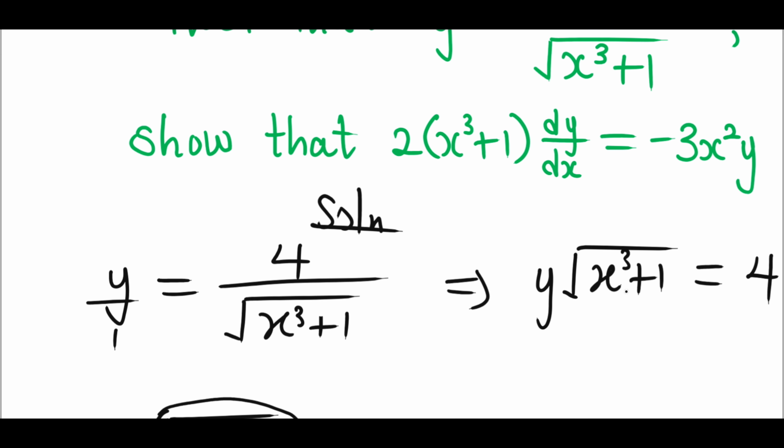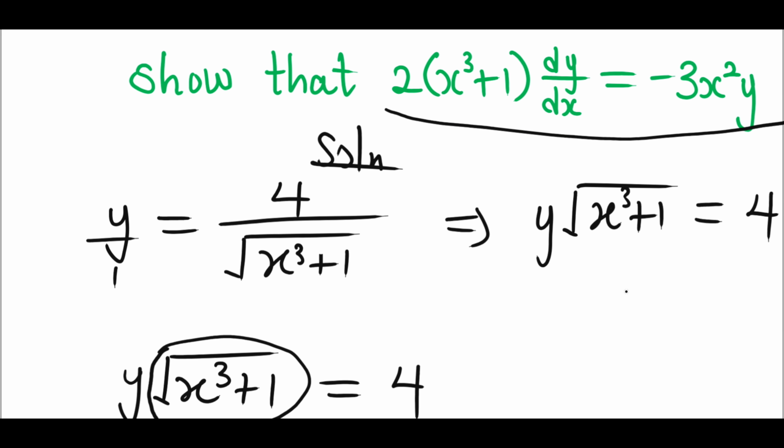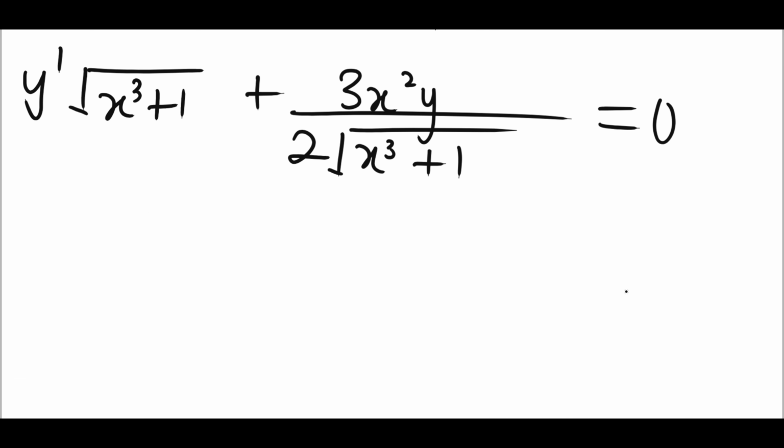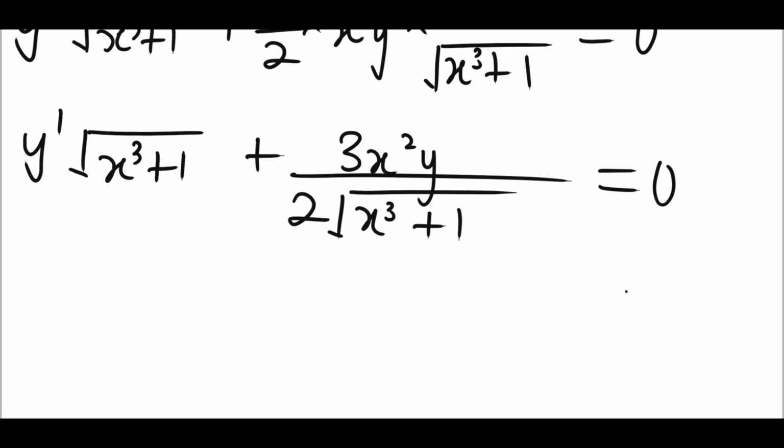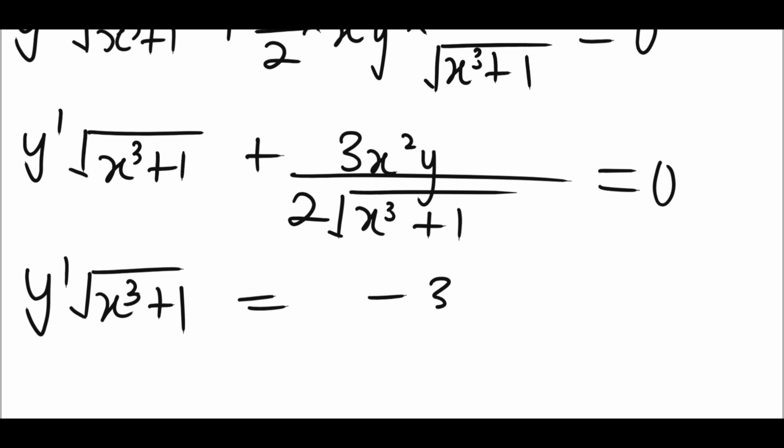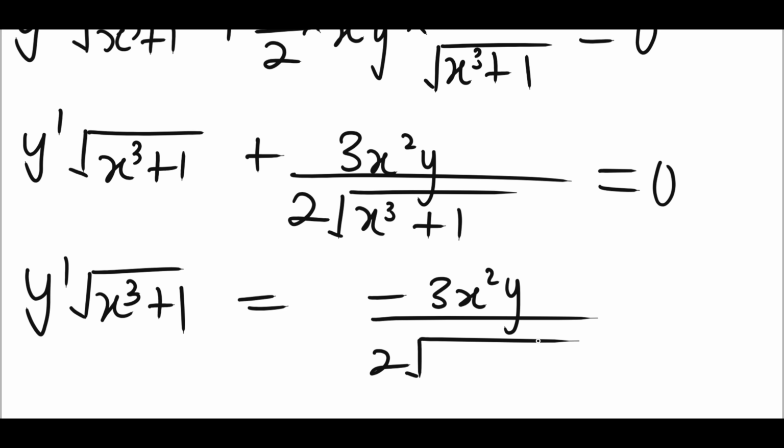Since we are to show that 2 multiplying x cubed plus 1 in bracket dy dx is equal to negative 3x squared y, we have to be looking at this as we work on the given function. So we need to transpose the expression without the y prime to the right hand. So we have y prime here multiplying the square root of x cubed plus 1 to be equal to negative 3x squared y divided by 2 multiplying x cubed plus 1. All right.